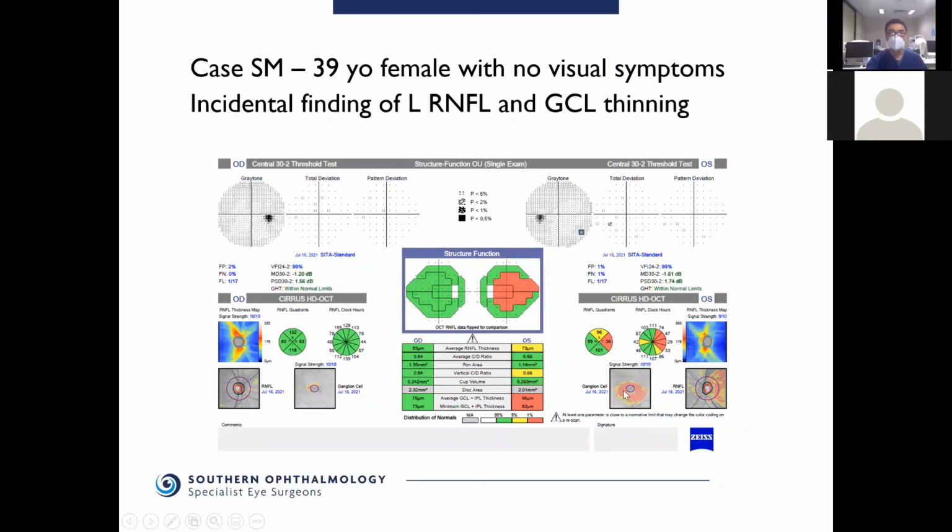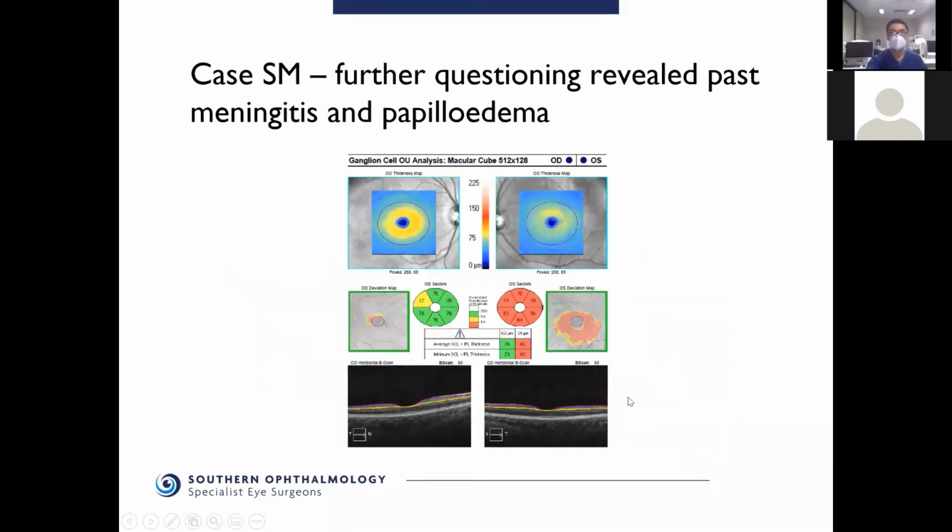And the ganglion cell layer corroborates that thinning as well. So this is the ganglion cell layer analysis. Right side's normal. Left side shows significant thinning. And on further questioning, this patient says, I actually had meningitis when I was younger and had papilledema. And so her nerve and ganglion cell thinning is a result of past papilledema.